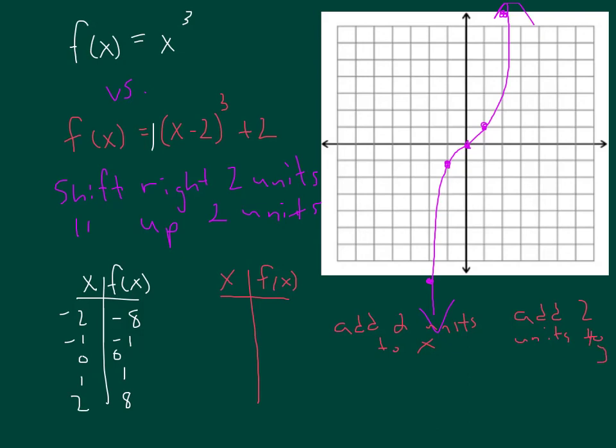And what's going to happen when we do that? When we add 2 units to x, we're going to end up with 0. And when we add the 2 units to y, we're going to end up with 6 for the first point.